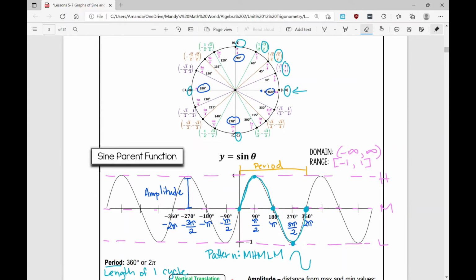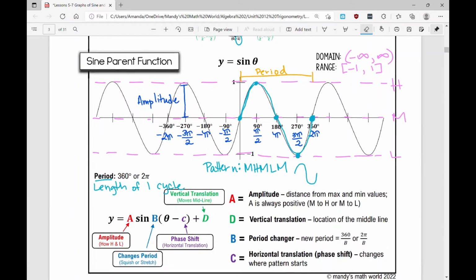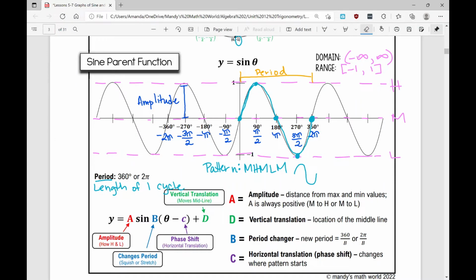So how did we graph this? Our x values were our degree measures. You can graph them in degrees or radians. And then our y values were the coordinates on our unit circle. So just like any other function that we've talked about this year, you can transform these functions.